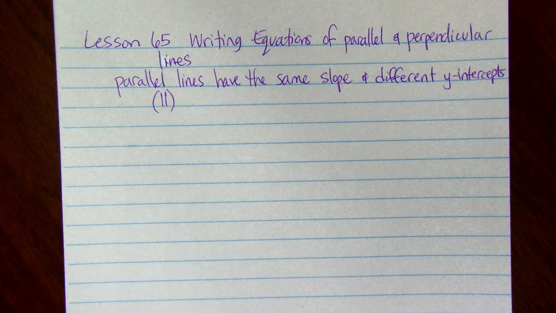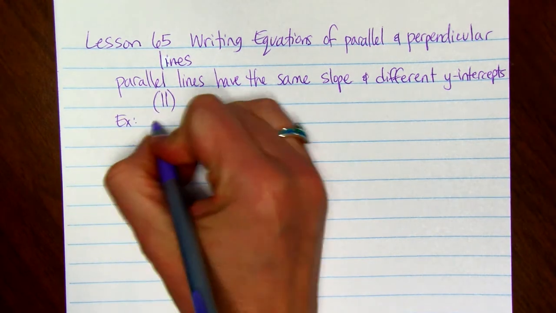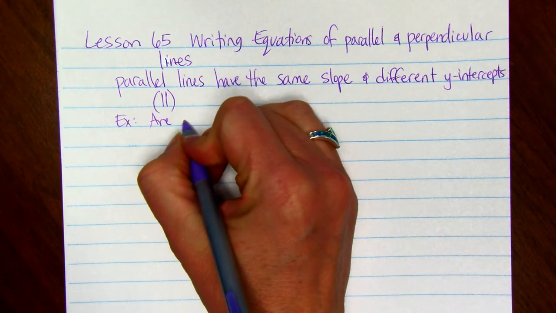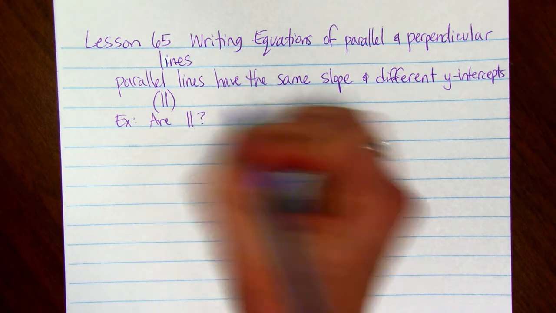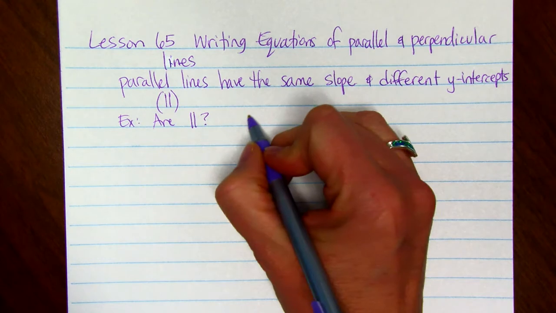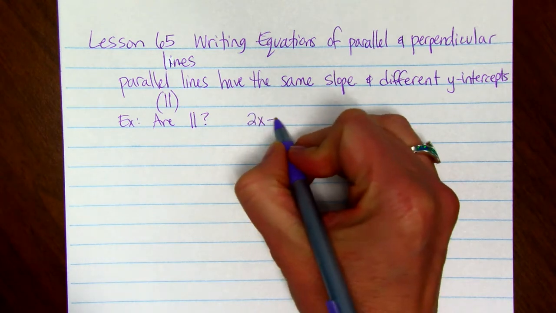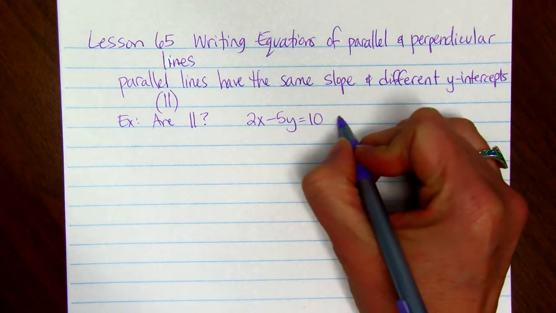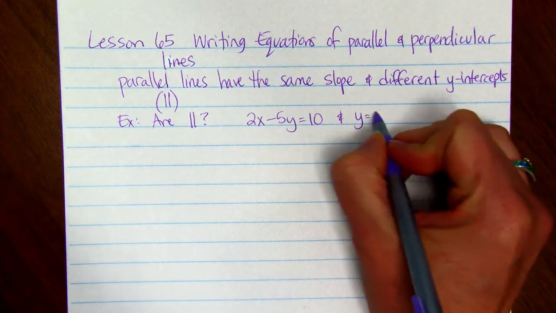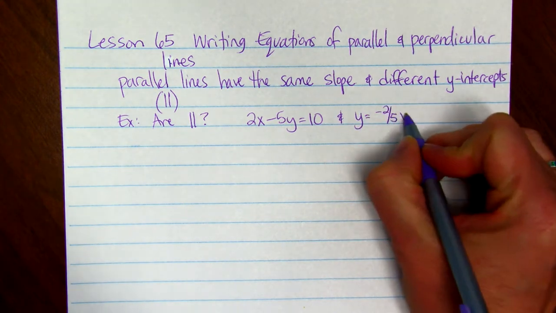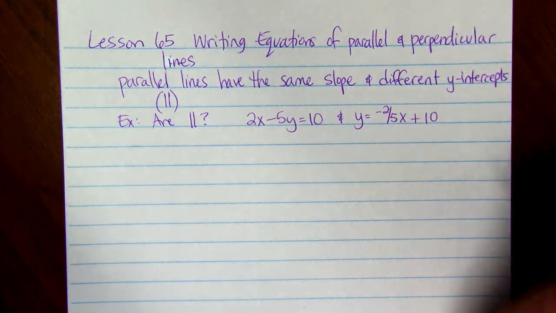So we want to know, are these two lines parallel? Here's an example: 2x minus 5y equals 10, and y equals negative 2/5 x plus 10.